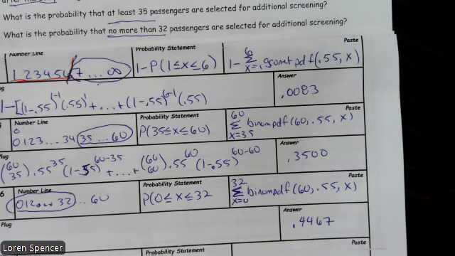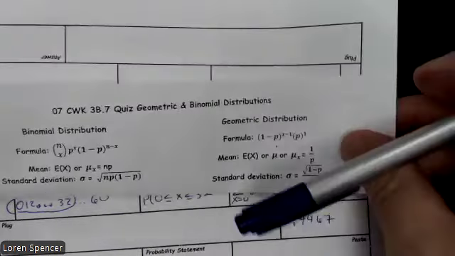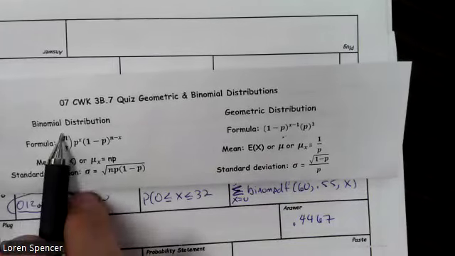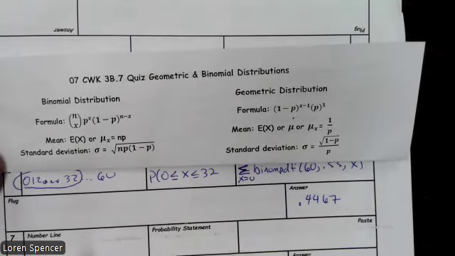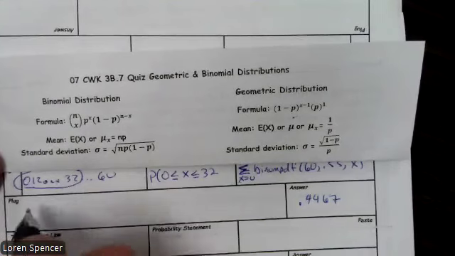All right, plugging in. That's back to using our binomial formula. When I plug in, we have our sample size of 60, our lower value of 0.